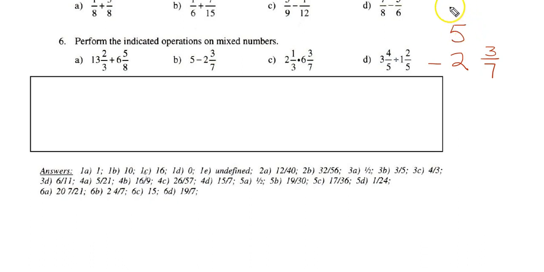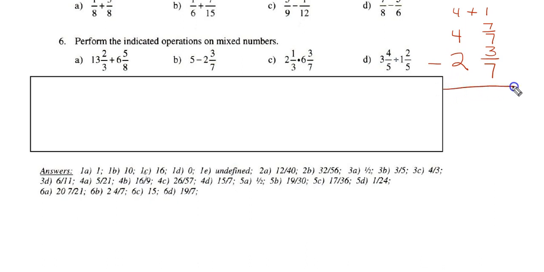I'm going to borrow 1. I'm going to go 4 plus 1 from that 5, and that 1 I'm going to make 7/7. So this now here is a 4, so I'll erase that so you can see what I'm doing.